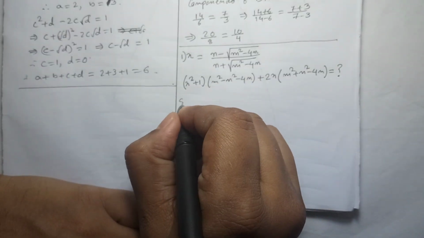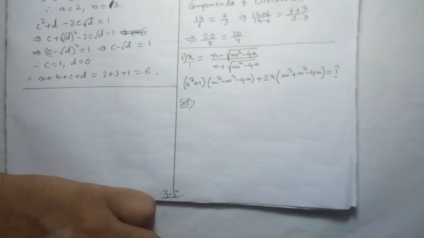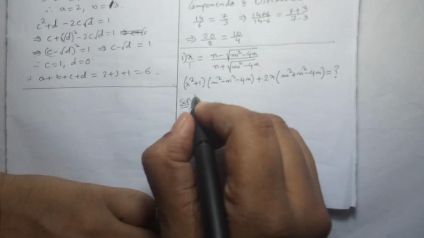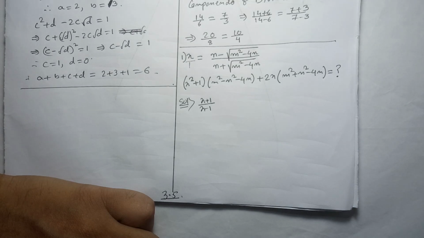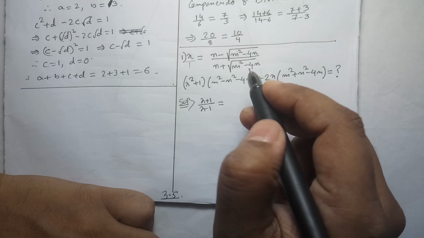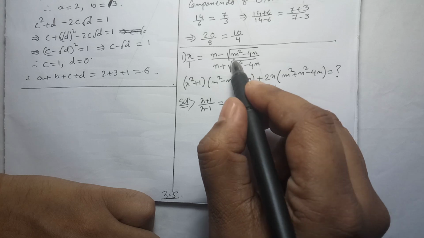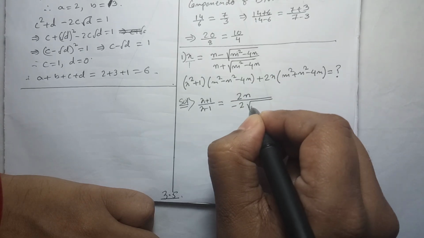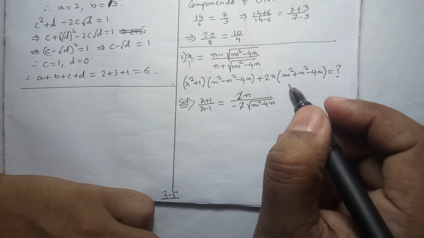First of all, when it is x, I can read it as x by 1. And now I can do x plus 1 by x minus 1 is equal to this plus this, so it will give me 2n, by this minus this, it will give me minus 2 square root of m square minus 4n. 2 gets cancelled.